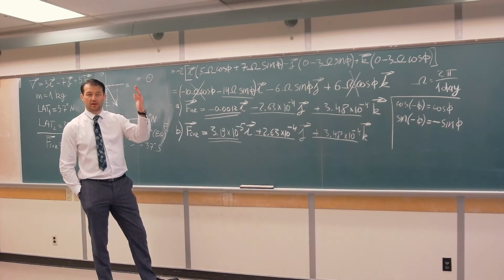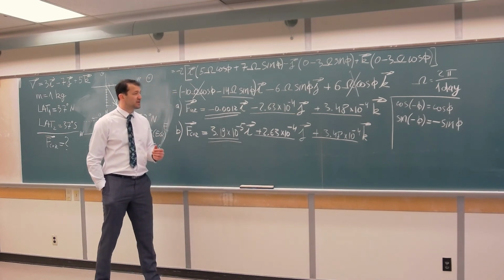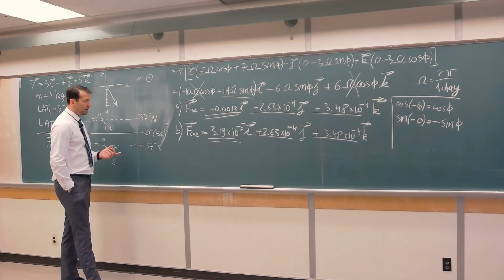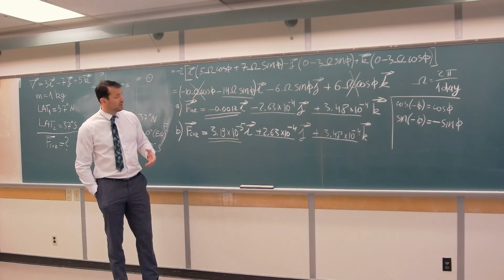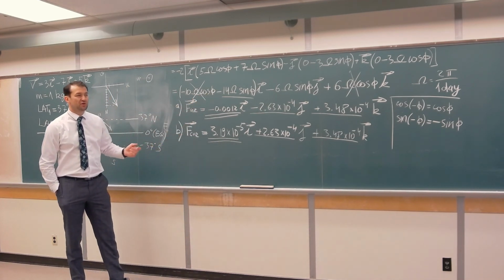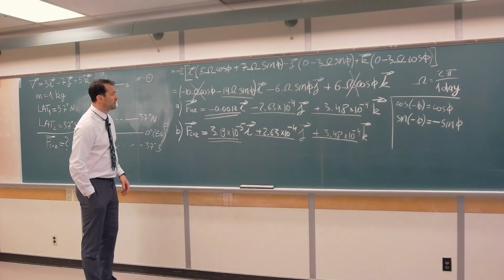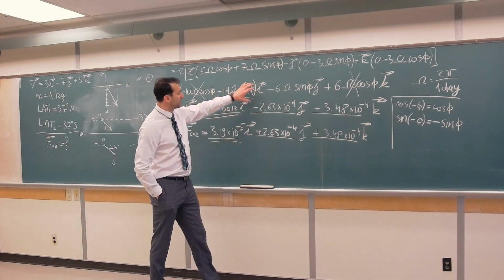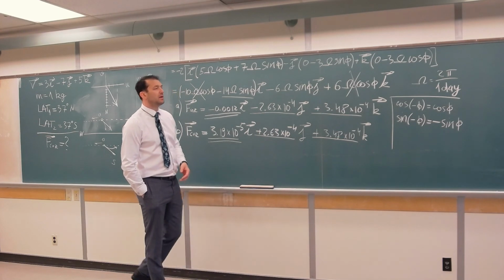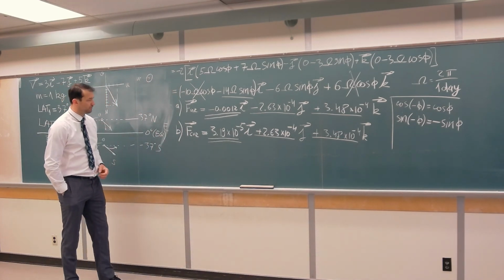It is the strongest at the north and south pole, and it completely disappears above the equator. And you can see that also from these expressions, because cosine of phi is 1 at the equator, because phi is 0, cosine of 0 is 1, but sine of 0 is 0, which means terms associated with sine disappear near the equator, and they are maximized at the northern and southern pole.